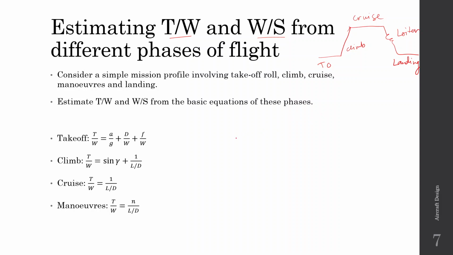First, when we consider the takeoff phase, we know that the aircraft has to accelerate up to some takeoff velocity. Usually the takeoff velocity is about 1.3 times the stall velocity, and the stall velocity is given by the square root of 2 into W by S by rho into CL max.